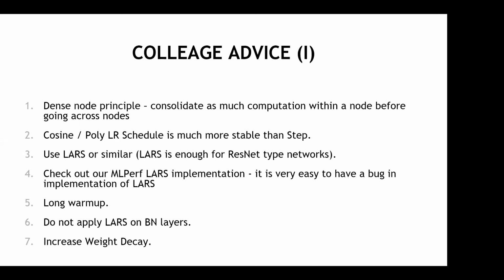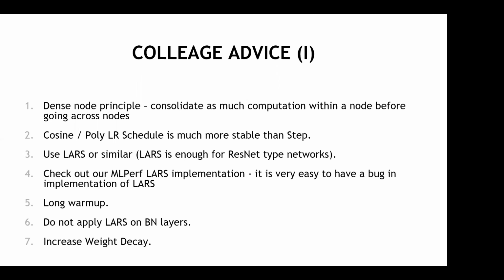Then regarding the learning rate schedule, cosine and poly decay. Adam, help me. The poly decay, I only have it at the top of my head like this, is what they recommended me to use as a learning rate schedule.